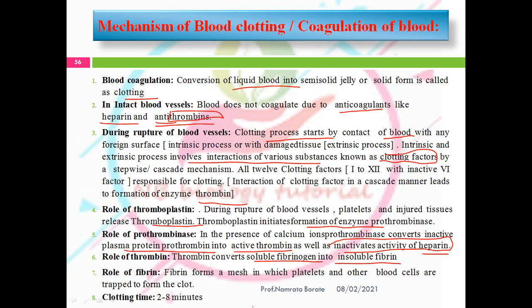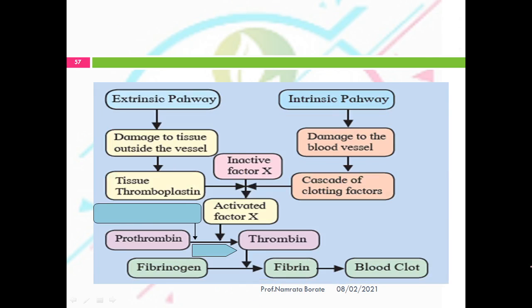So we see the flowchart of it, that is the extrinsic pathway and the intrinsic pathway. Extrinsic pathway means damage to the tissue outside the vessels, and intrinsic means damage to the blood vessels.